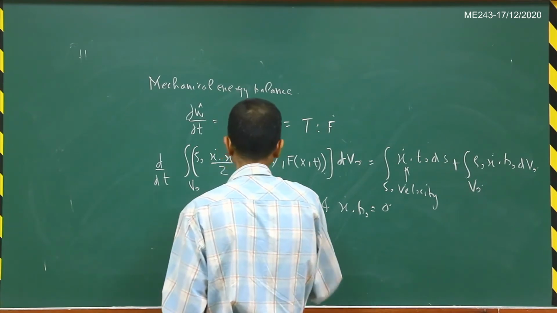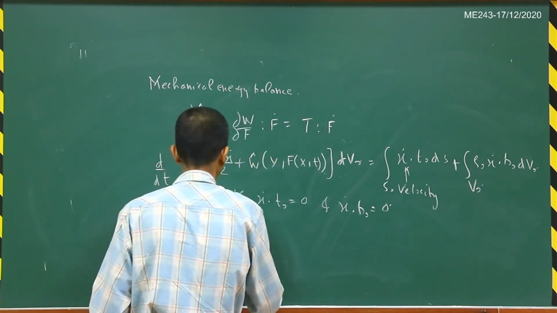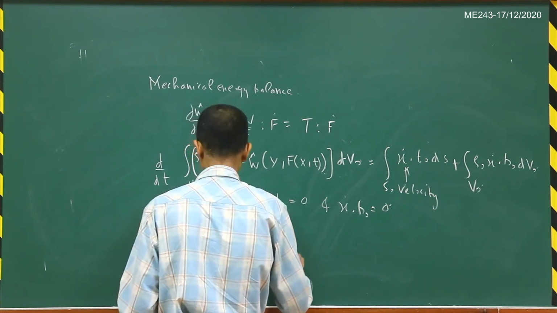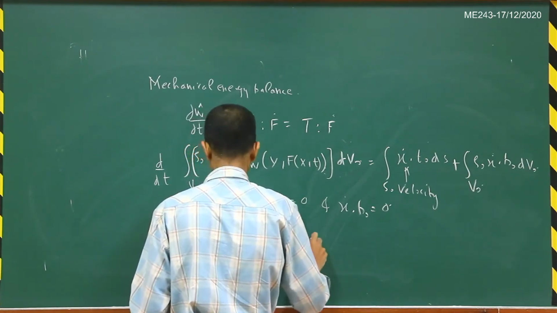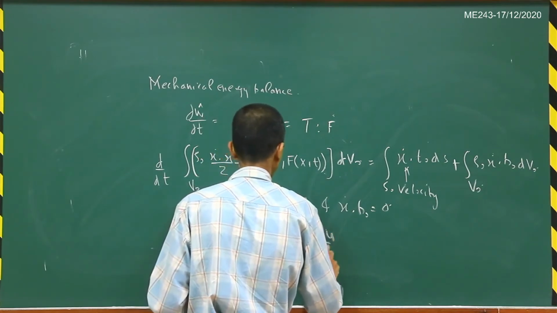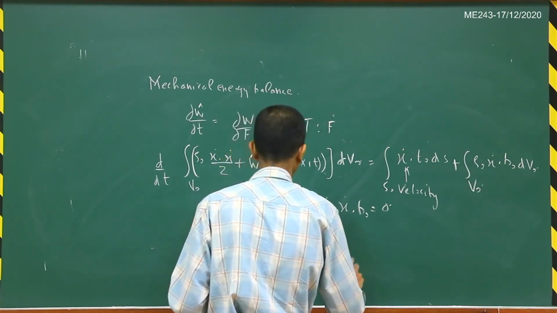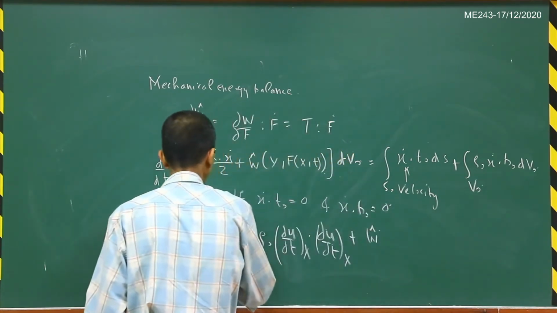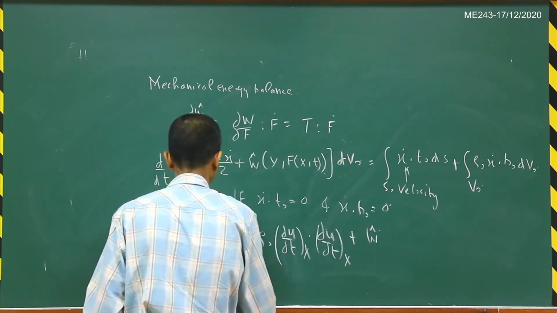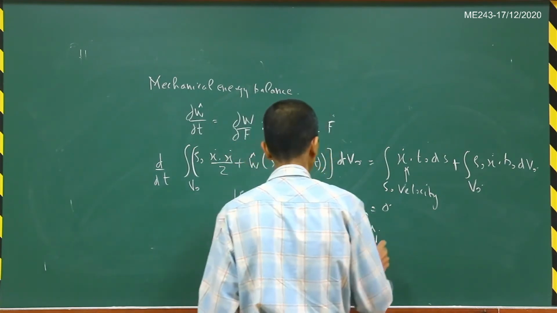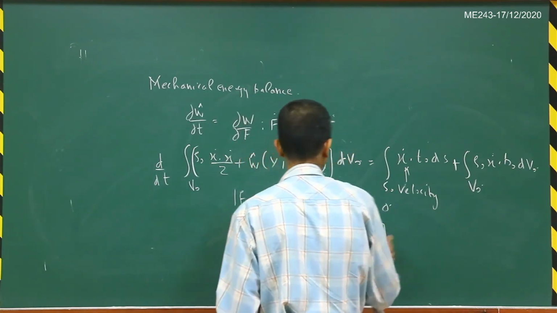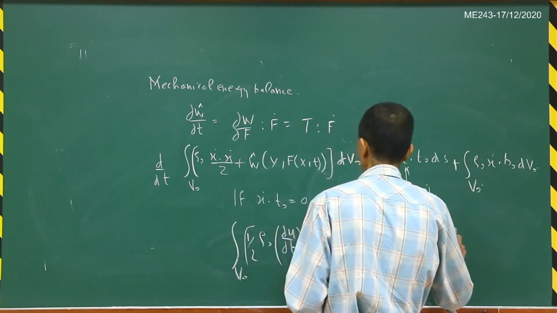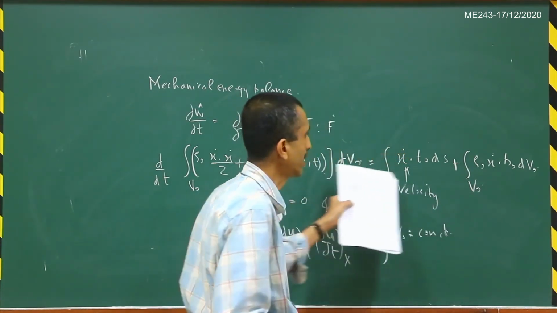Then you will get that the integral of half of ρ₀ times ∂u/∂t times ∂u/∂t, keeping x fixed, plus Ŵ, over V₀ dV₀ is equal to a constant. Because the right hand side has become 0, correct?